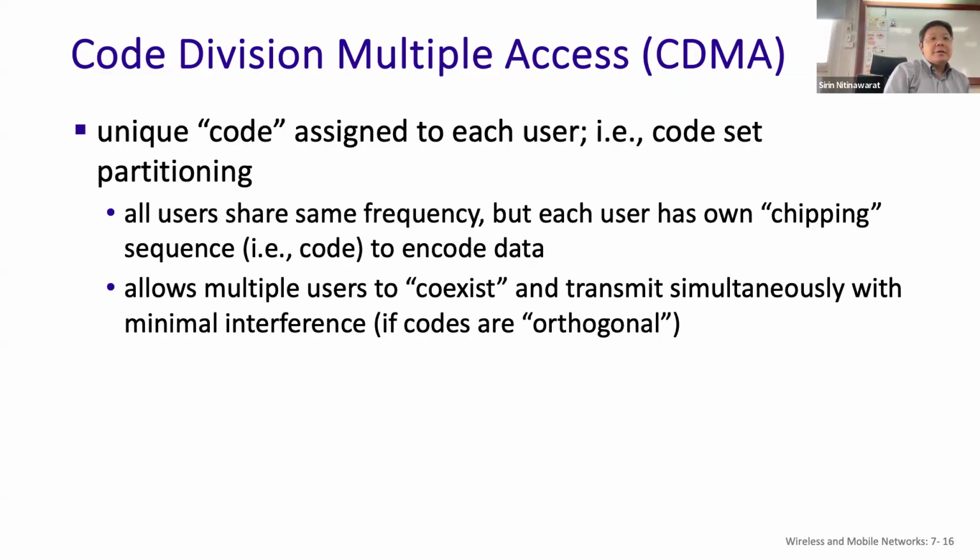As the name suggests, the way different devices share the wireless resource is controlled by unique codes assigned to different users. These codes act as a partitioning mechanism of the entire resource to different users.